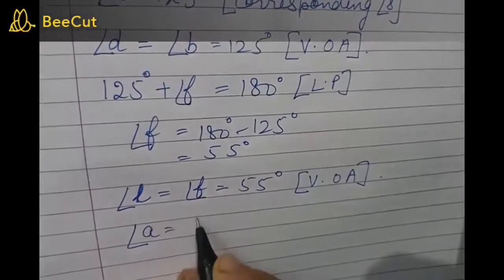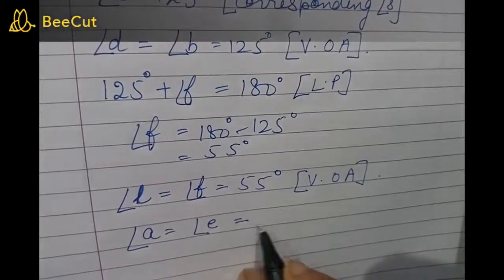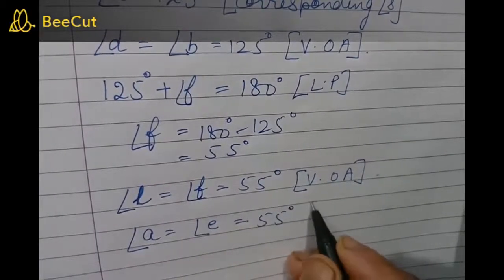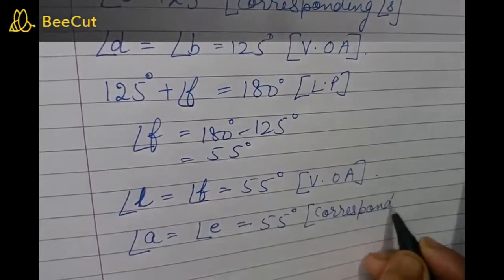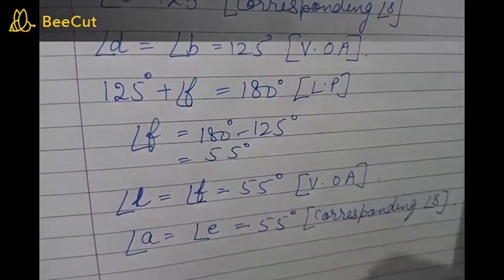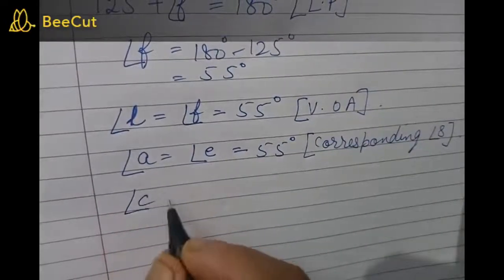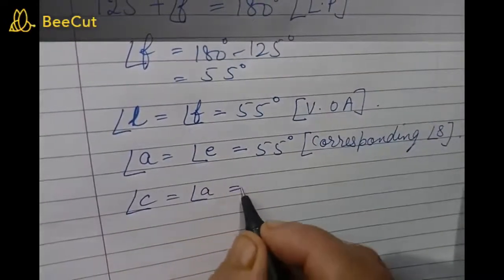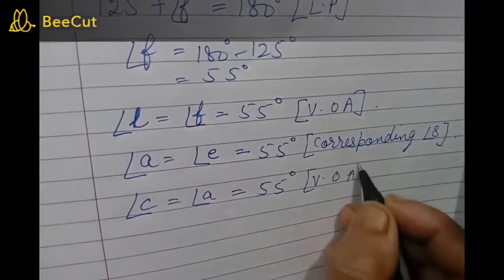Angle A is equal to angle E is equal to 55 degree. Corresponding angles. Now when you have found angle A, then angle A and C are again vertically opposite angles. So you will write C is equal to A is equal to 55 degree, vertically opposite angles.